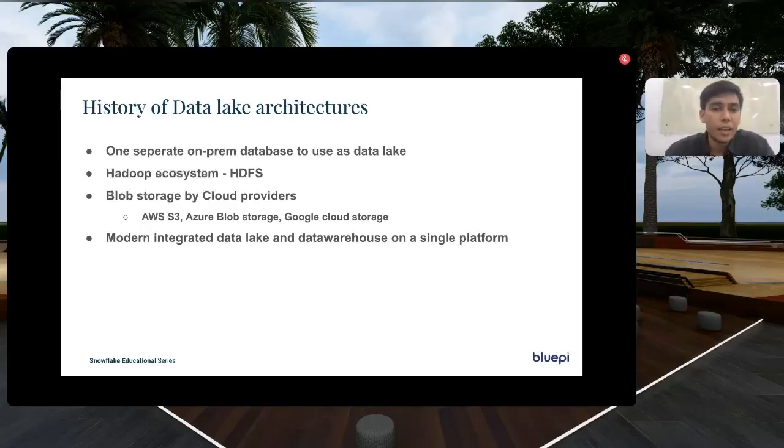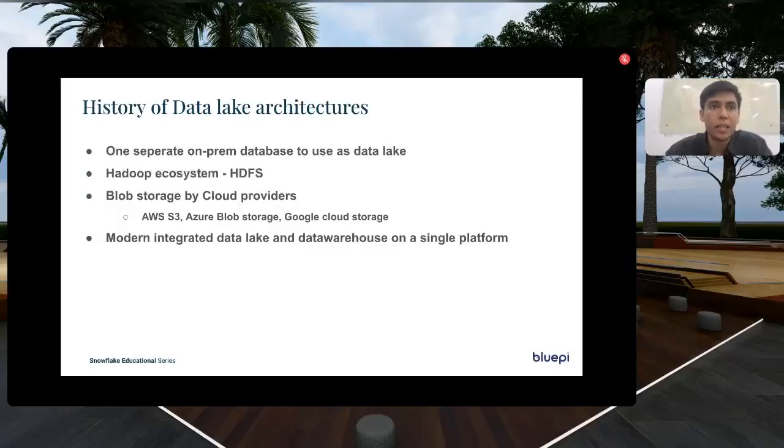The second architecture that came in and revolutionized the big data world was the Hadoop ecosystem. Within the Hadoop ecosystem, there's HDFS, which stands for Hadoop Distributed File System. It was a system which gave you the capability for distributed compute and storage.